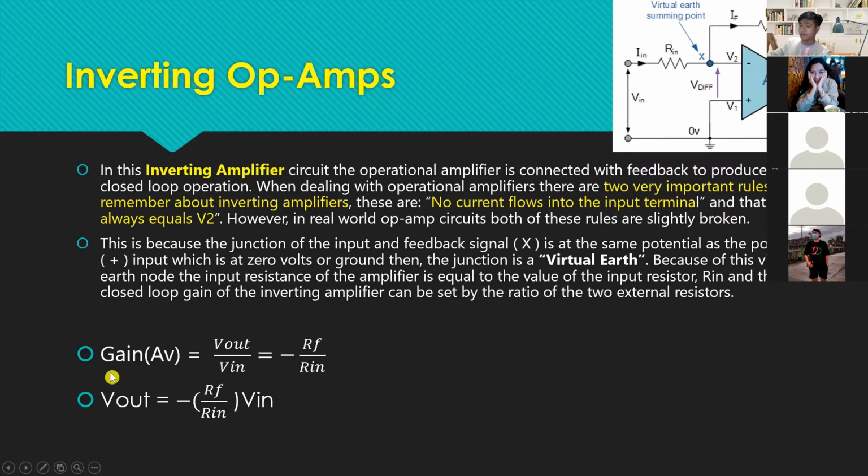So pwede nyong tignan kung paano tayo nag-come up with this V out divided by V in and then negative RF divided by Rin. So since ang kinukuha lang naman natin sa inverting or sa amplifier, okay, is just the V out, so we can derive this one or we can simplify this one into this one. So V out is equal to negative RF divided by Rin times V in. Alright, so ito yung magiging formula mo kung ganito na ganito yung circuit ng inverting op-amps mo.